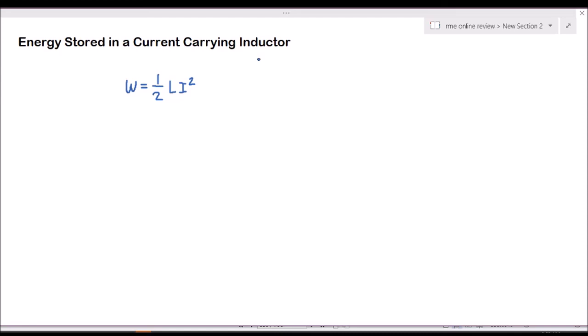While in a DC circuit, there is no reactance in terms of the capacitor and the inductor.